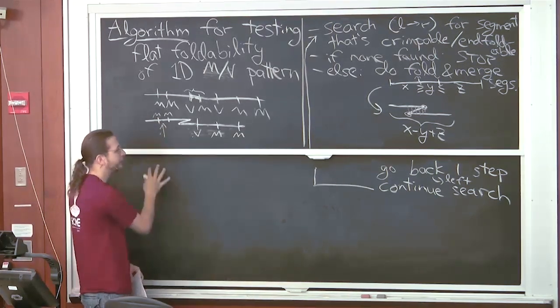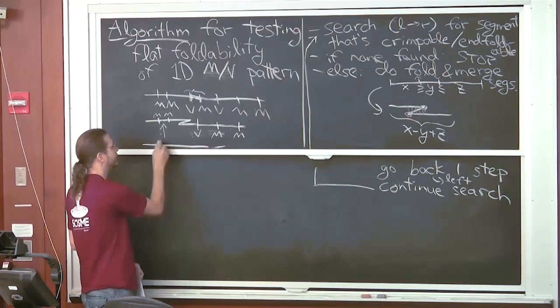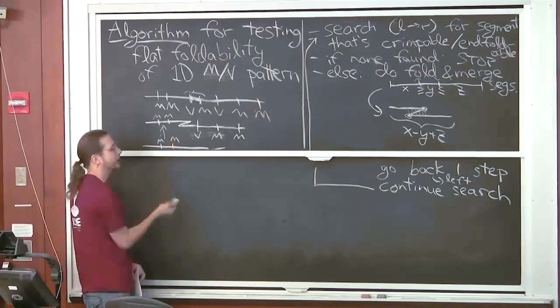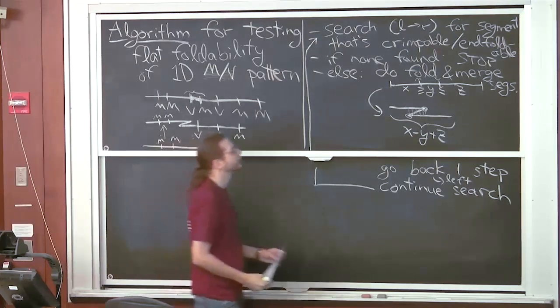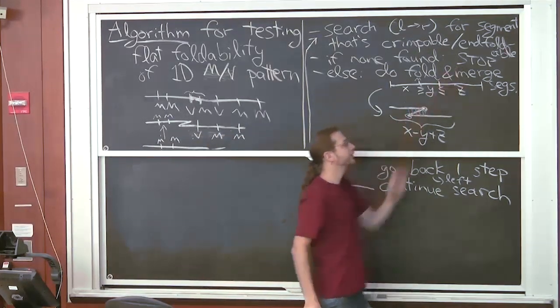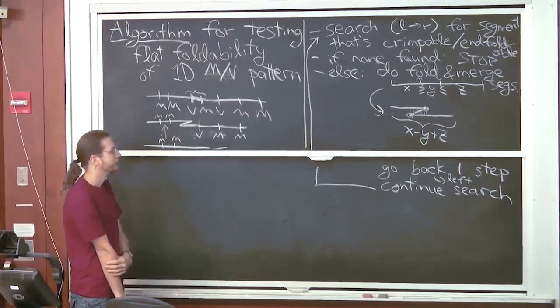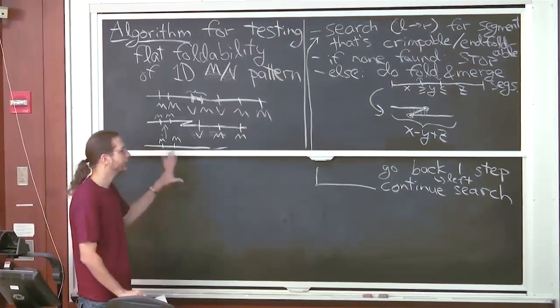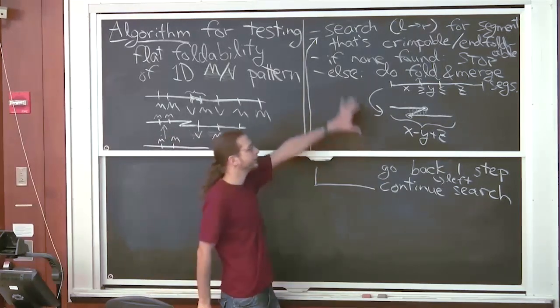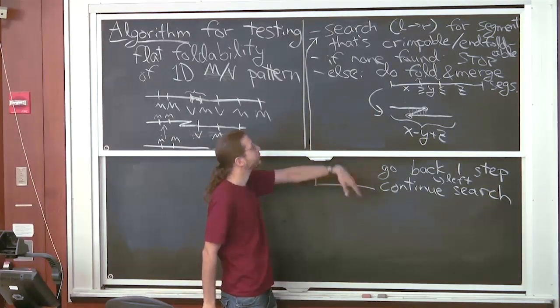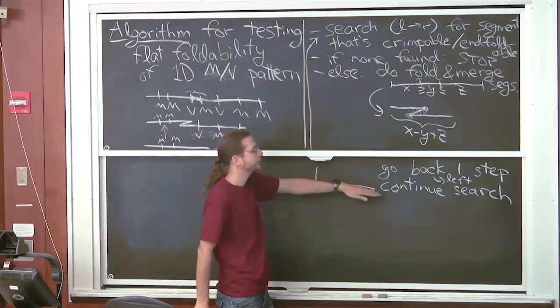So this will not flat fold. We'll be left with something like this with just the two m's, and then we reach this stop case, can't find a crimp or an n-fold, and there's still creases left, and so we know that we're not flat foldable.